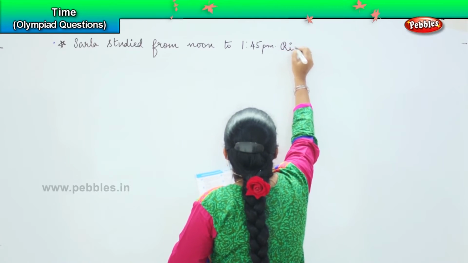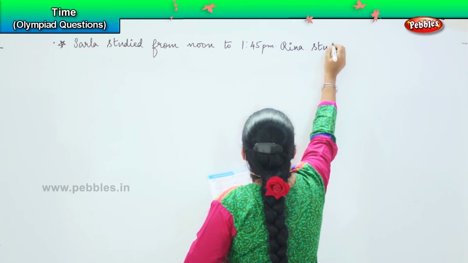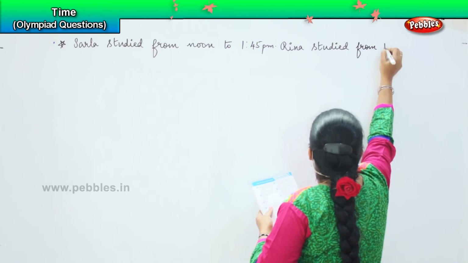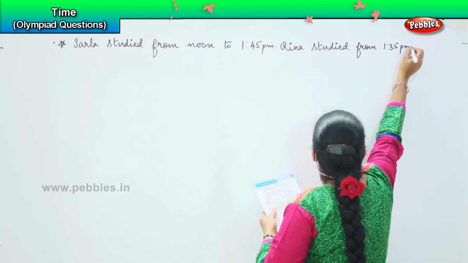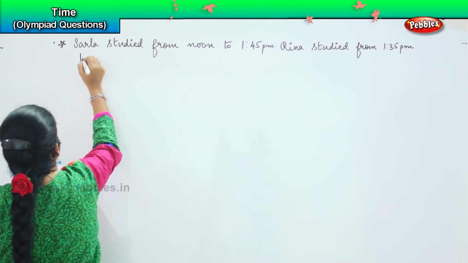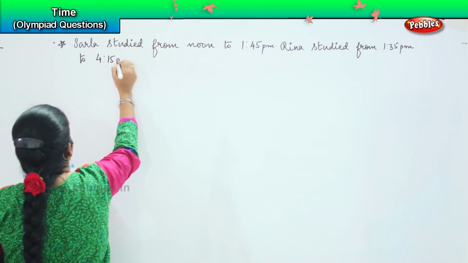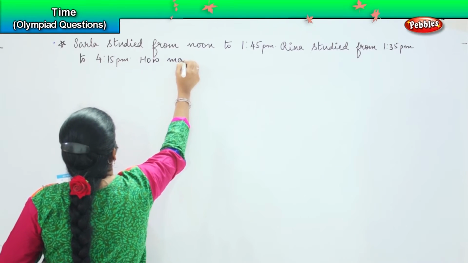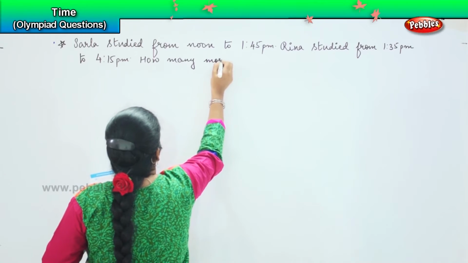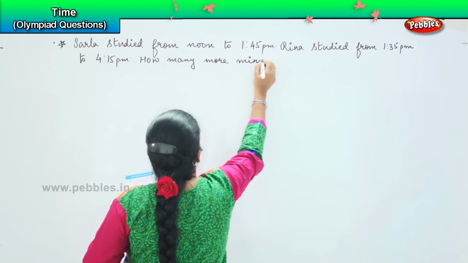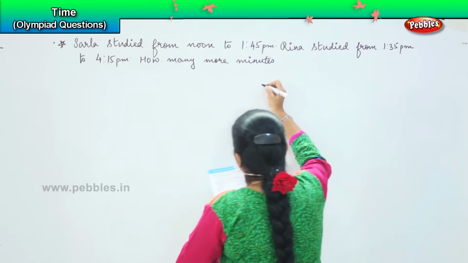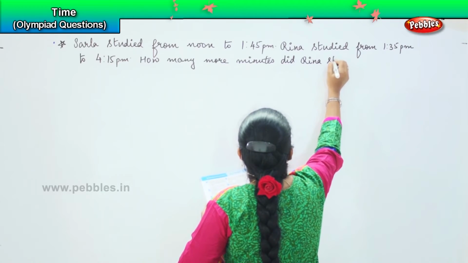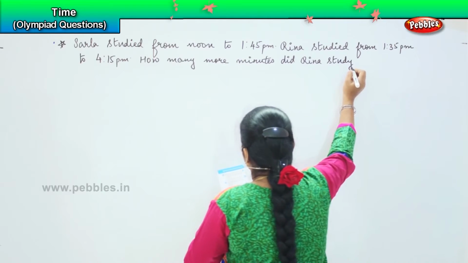Reena studied from 1:35 p.m. to 4:15 p.m. How many more minutes did Reena study than Sarla?